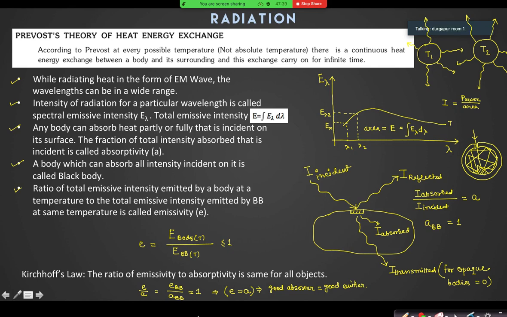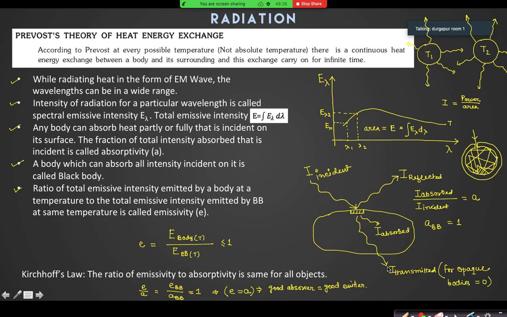Sir, do emitter and transmitter mean the same? No, those are different things. A transmitter is something which transmits energy. The one that you have shown in the diagram is I transmitted. Is that the same as emitted? No, look, transmission means the same incident energy, a part of it, is flowing through the body. The body does not affect it.